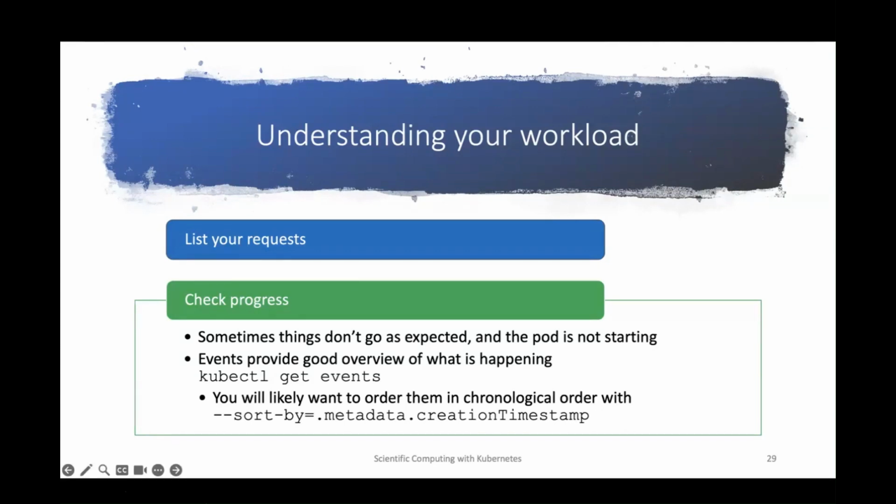You will probably want it to be in chronological order, and that's not the default, unfortunately. So you will need this long argument to tell it, please list them in chronological order with the most recent one last. And that will make it much more readable.